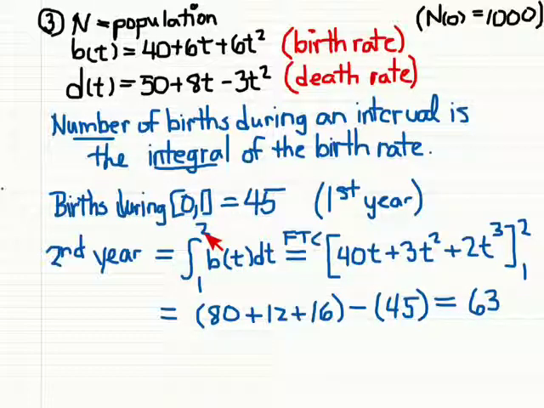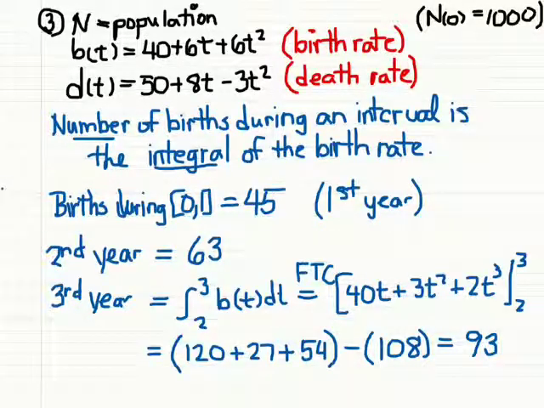We have the same antiderivative, so the fundamental theorem of calculus says we evaluate it at 2 and at 1 and find the difference. We already found the antiderivative at 1, that's 45, and so the number of births during the second year is 63.